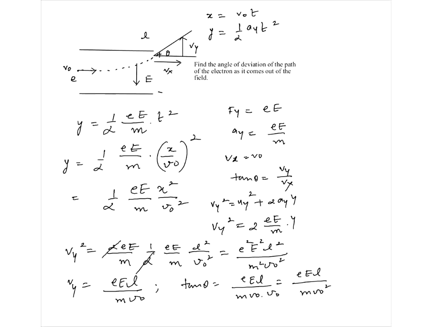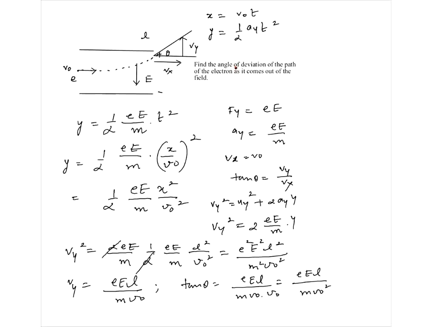If you have any questions, let me know. So when x is less than L, then won't we say that the electron won't cross the plates? We are assuming that it will cross the plate.